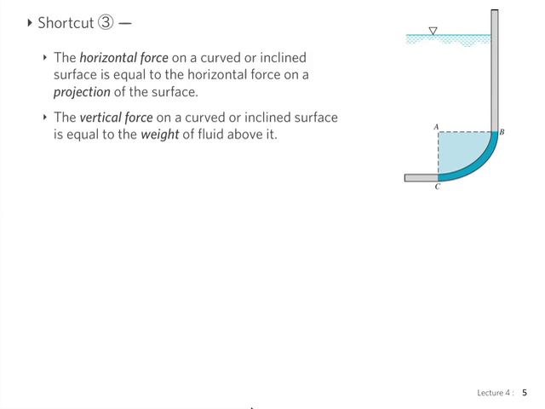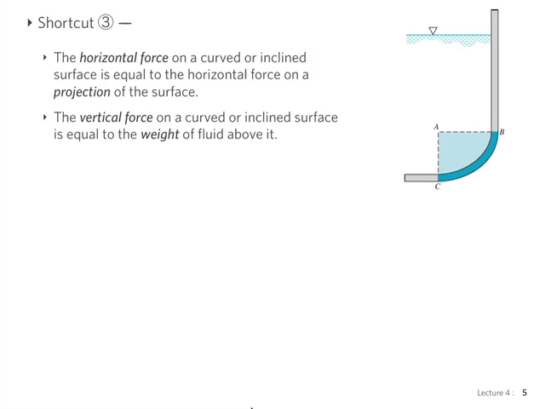So shortcut number 3 is for the case of curved surfaces. You must have done one example, at least last lecture, for a curved surface, and you saw the long but more general approach, which is to integrate. But here's a shortcut.